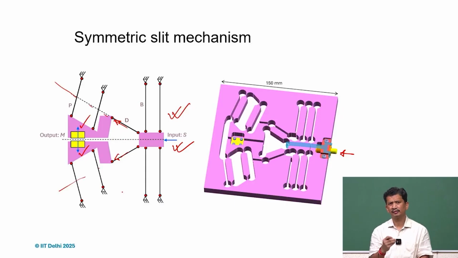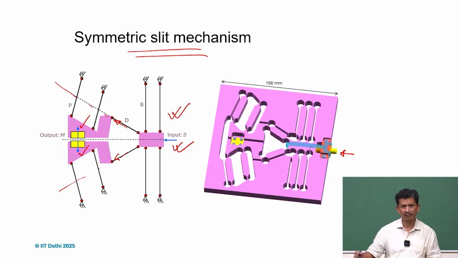So these are some salient features, and these are things we learn in the course, but implementing them in a design takes a lot of effort and a lot of iterations, and one should always give credit to the designer who came up with this kind of design in the first place. Once it's there, it's very easy to analyze and do a lot of things around it. So again, very good design for photonics application.